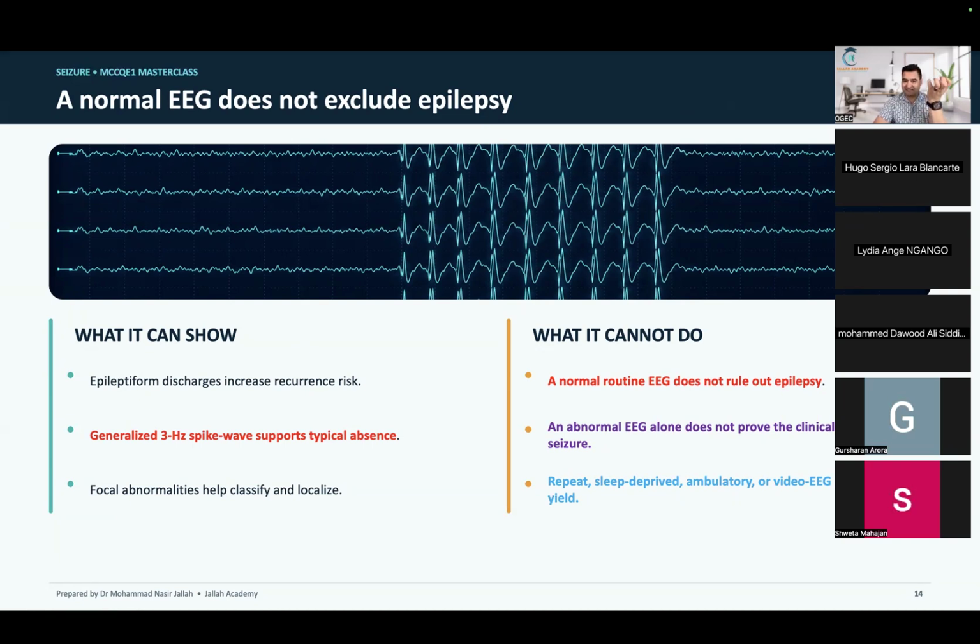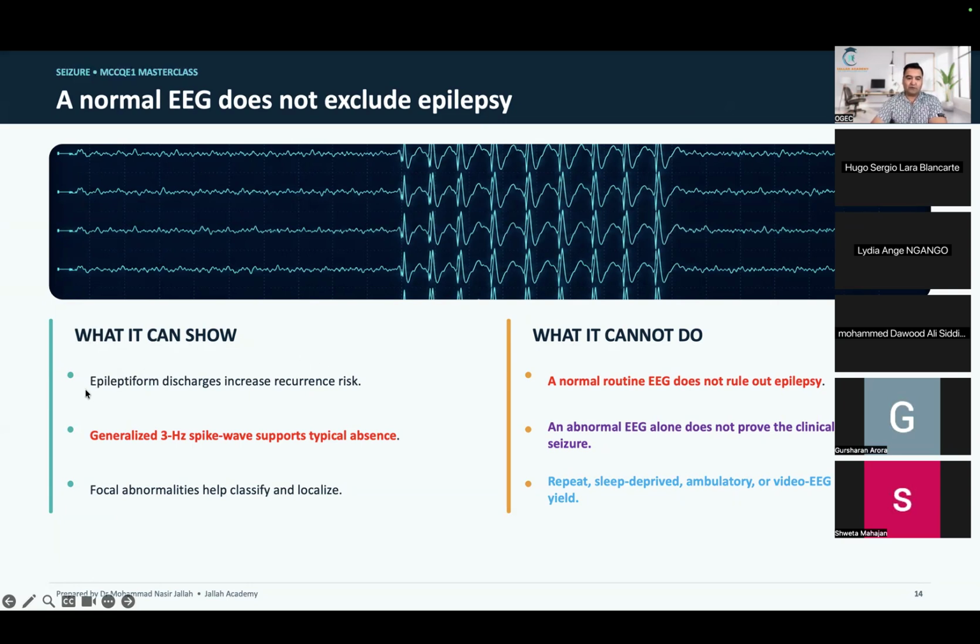The reason we do the CT scan is just to make sure it is not an emergency. If an intracranial hemorrhage causes the seizure, then I have to take care of that hemorrhage, and the seizure will be treated on its own. We don't even have to give them any medication for a long time.